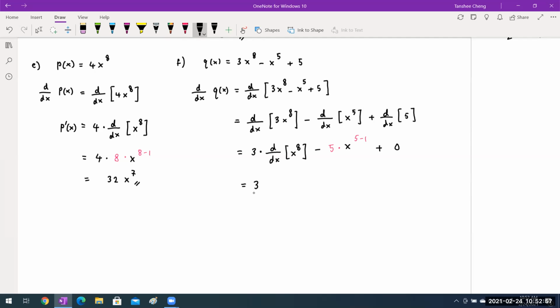So for the first term, it will be 3 times, bring down the exponent 8, times x to the 8 minus 1 exponent, according to the power rule, minus 5x to the 4th power plus 0. I don't need to write it down. So my final answer will become 24x to the 7th power minus 5x to the 4th power. And that will be my final answer.